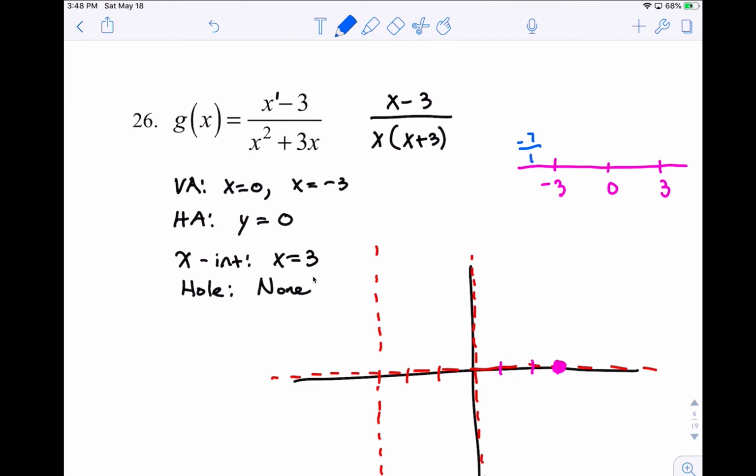That's 1. All right. So -7. Yeah, so that's negative.